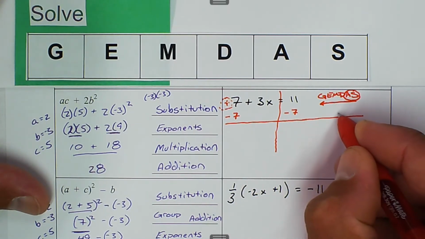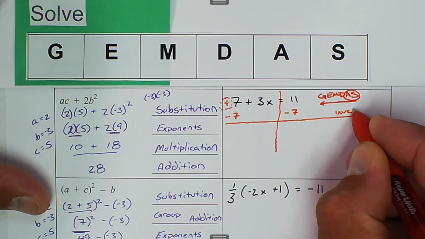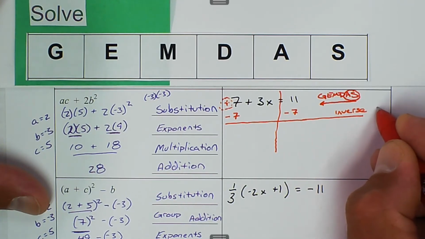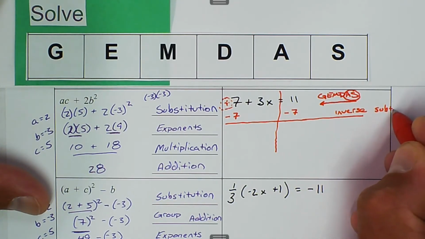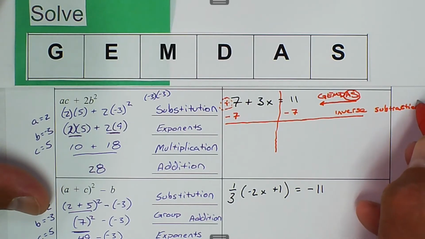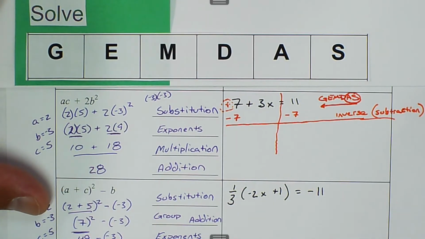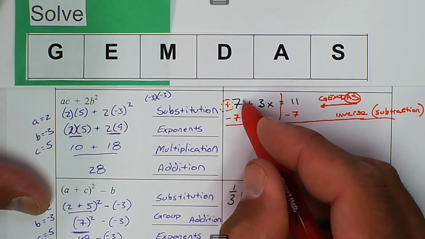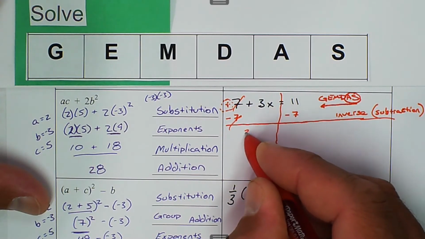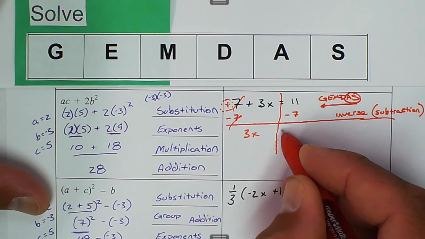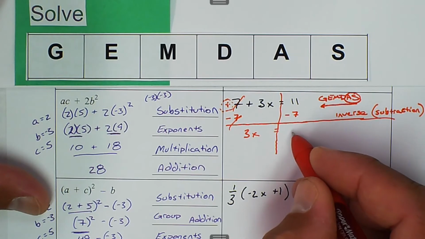So that was inverse subtraction. And so the 7 cancels the 7. 3x is equal to 4.